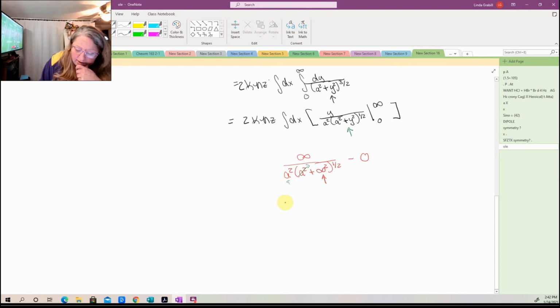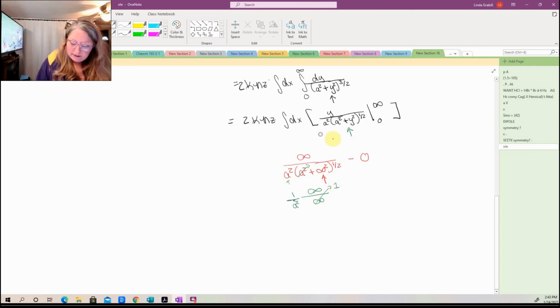So what is that going to come out to then? Well, if a squared is really small, the square root of something squared gives me what? I get infinity over infinity times 1 over a squared. Any number, no matter how big it is, divided by itself, or you can do the math, let's take a formal limit, whatever makes you happy, this whole thing here is going to go to 1.